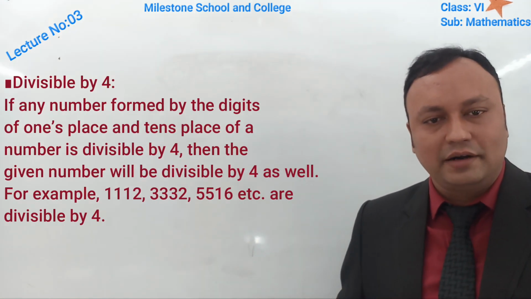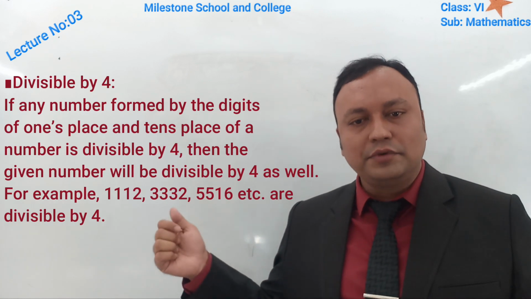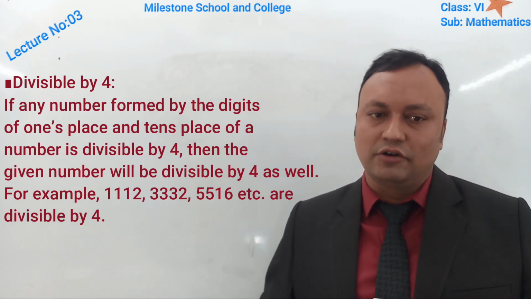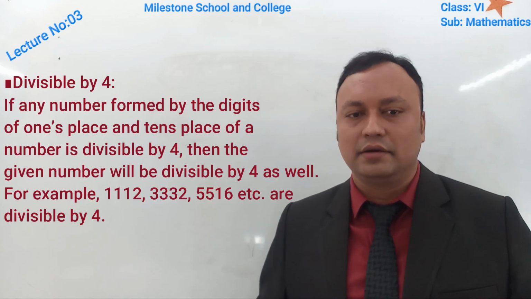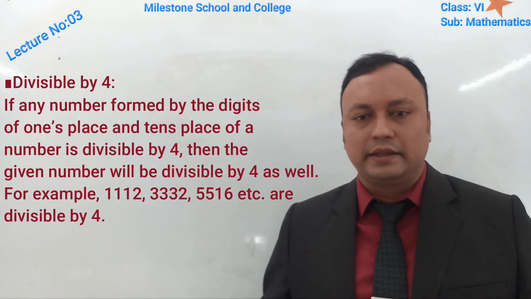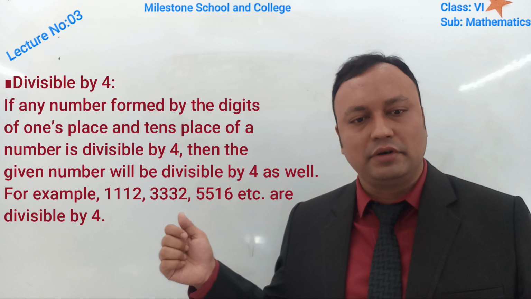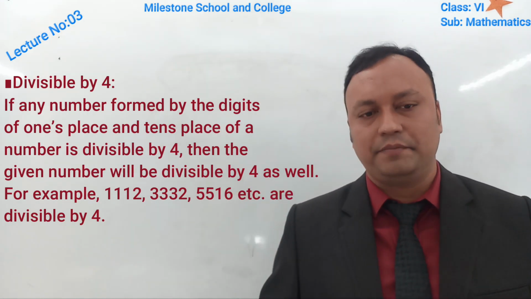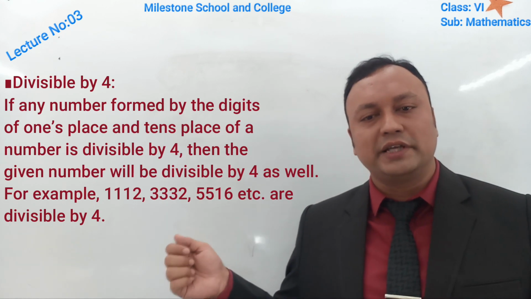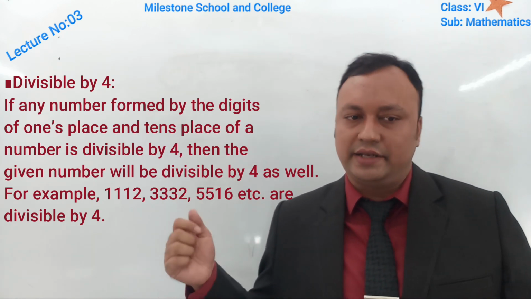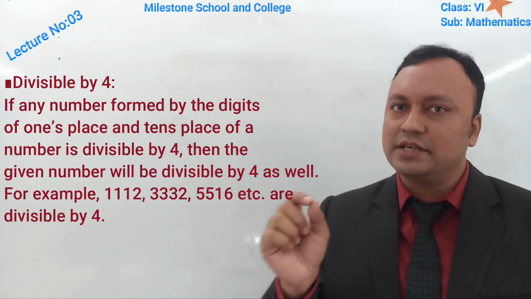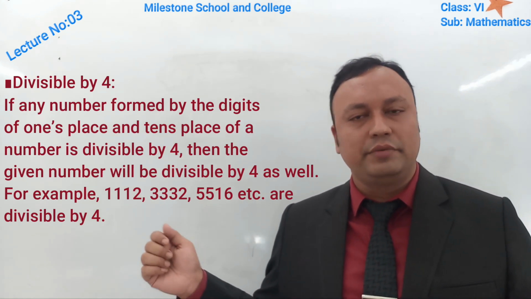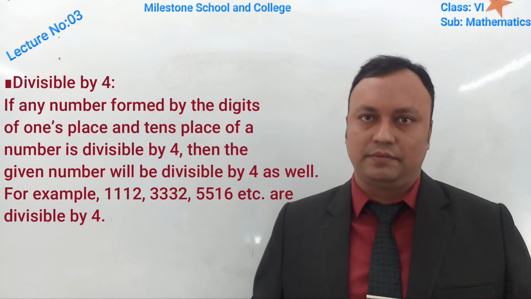If the number formed by the digits of the ones place and tens place of a number is divisible by 4, then the given number will be divisible by 4 as well. That means, again I am saying, if the number formed by the digits of the ones place and tens place of a number is divisible by 4, then the given number will be divisible by 4 as well.